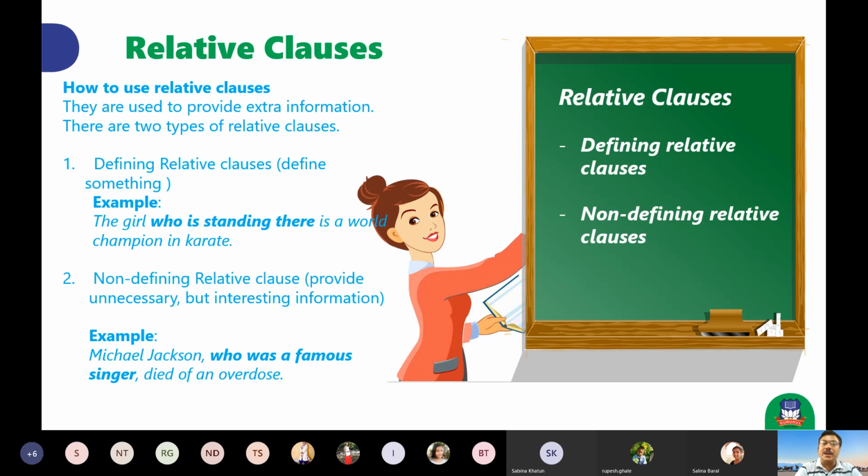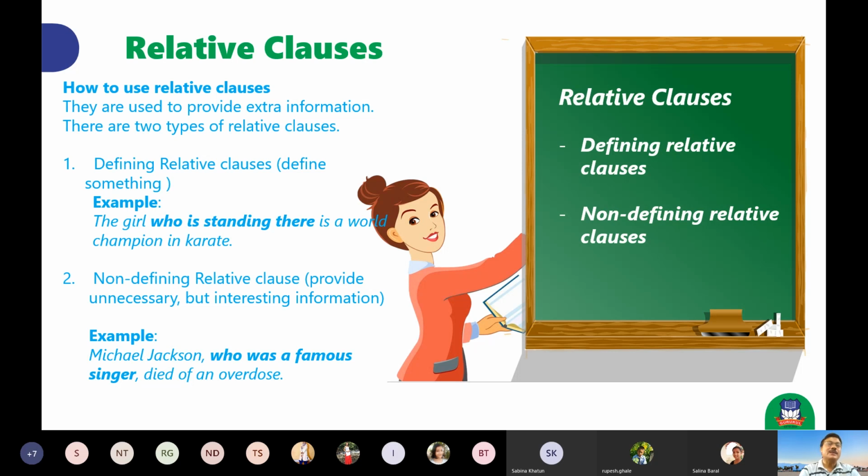So if the clauses are separated by commas, understand? If there are commas, it is a non-defining relative clause. If there are no commas, then this is a defining relative clause. That is one way for you to recognize.